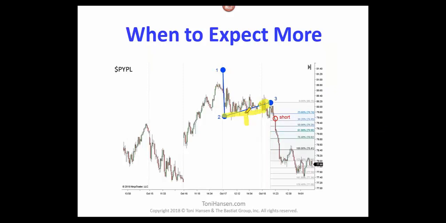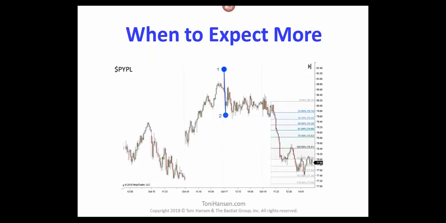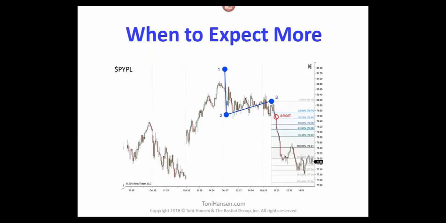I gave it on this day, actually, to watch for a breakdown. And it triggered the next day, or later on in the day. And what you'll see is that here's the extension, here's the short trigger, here's that 100% target level.